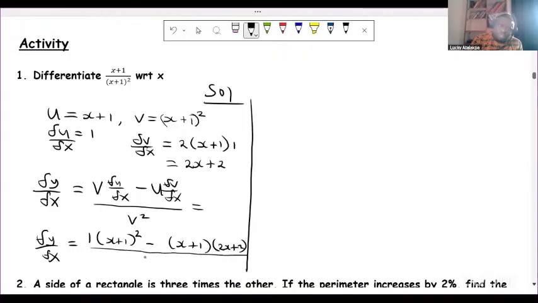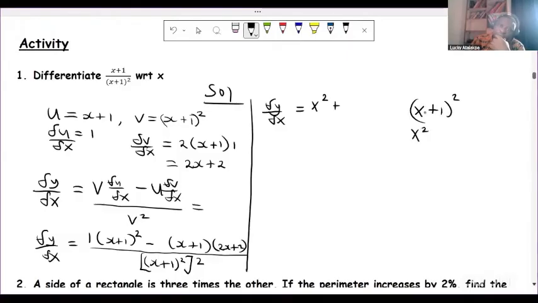V squared is (x plus 1) squared, then squared. Are you following? Good. So it then means that dy/dx, if I square x plus 1, I will get x squared plus, now to multiply something like this, just square the first one, take 1, multiply x, you will get x.